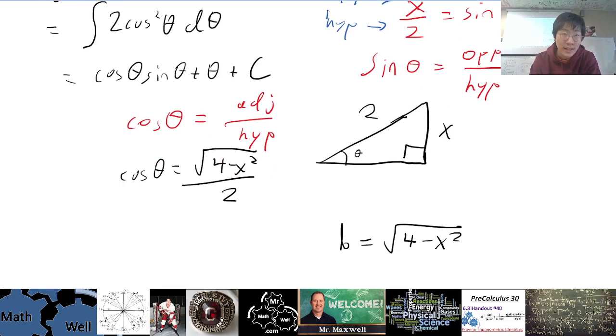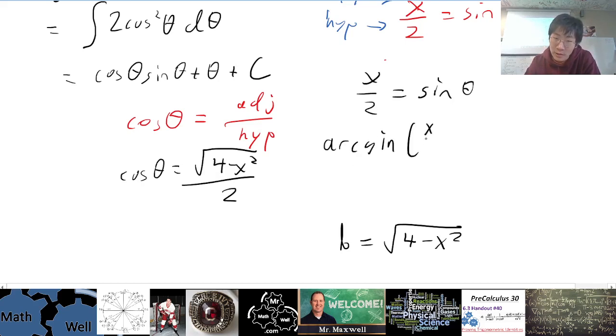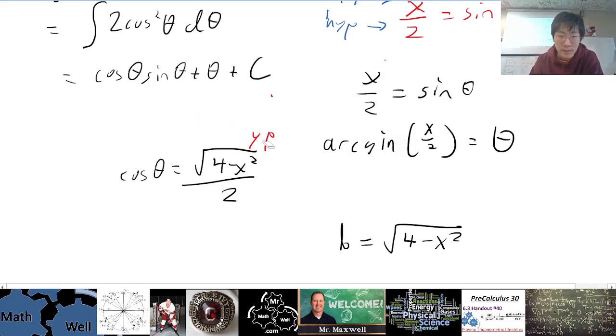So if we have x over 2 equals sine theta, and we take the arcsine of both sides, we get arcsine of x over 2 equals theta. All right. Now we have cos theta, we have sine theta, and we have theta. So let's put that all back into our original expression here. I'm just going to move this off to the side.